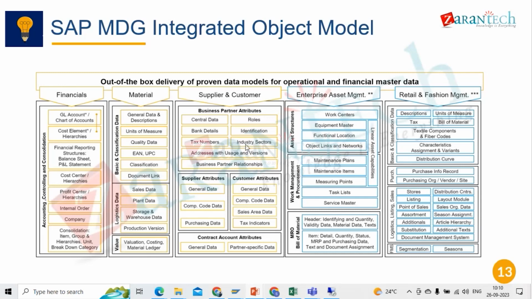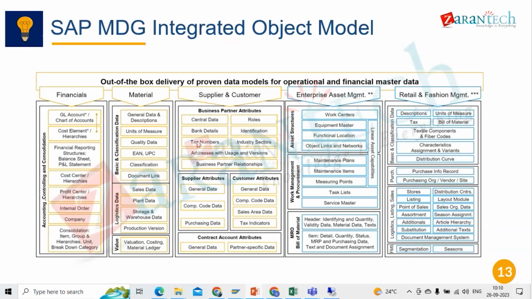Coming to S/4HANA, we have a concept called BP, business partner. Here we create business partners centrally using transaction code BP. Using transaction code BP only, we create customer and vendor master data at the central level. In S/4HANA, we no longer need to create master data in two different segments.